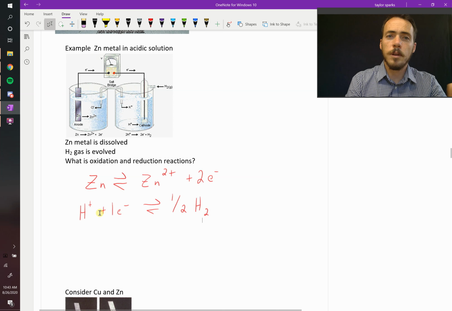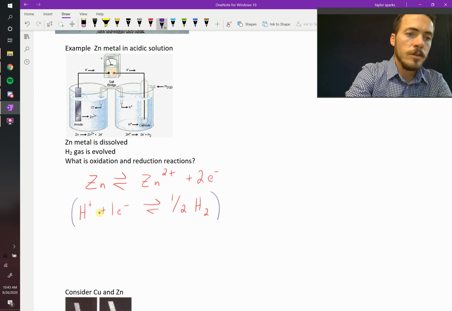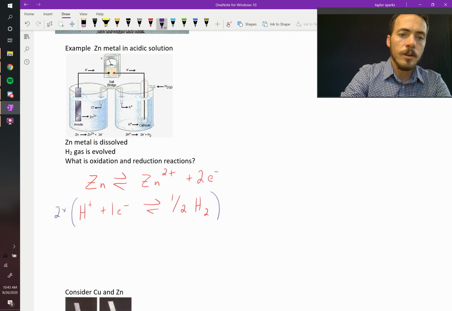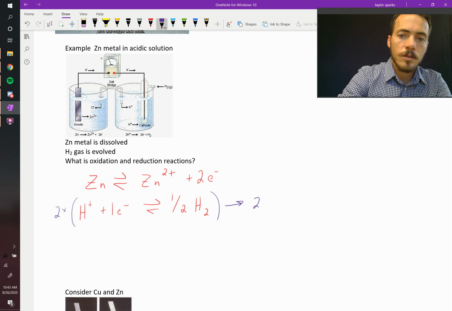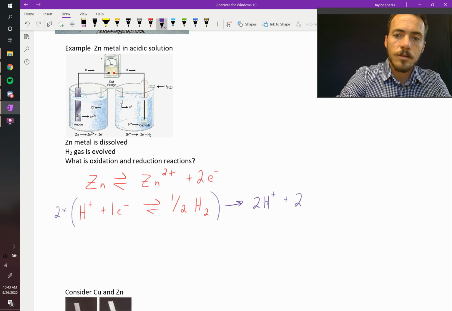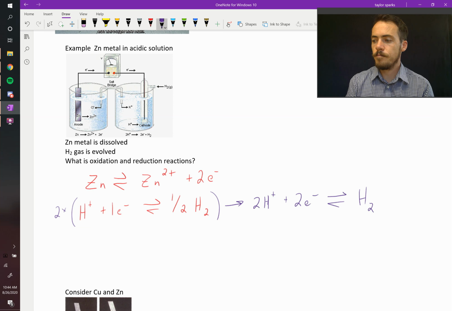Now we could multiply that bottom equation by 2, so we'll just do it 2 times over here. And that gives us 2H+ ions plus 2 electrons yields 1 mole of H2 gas, okay?